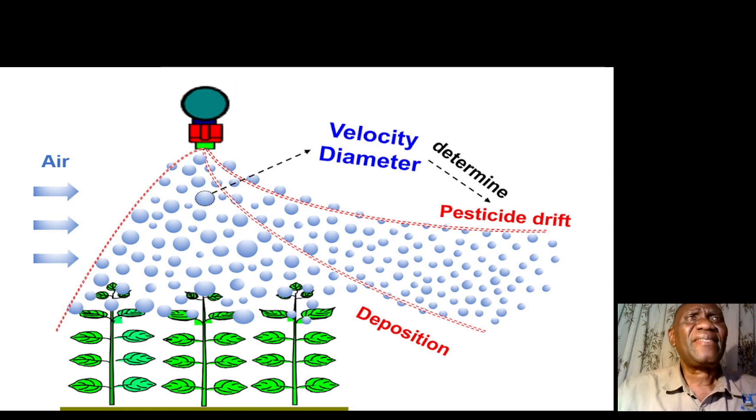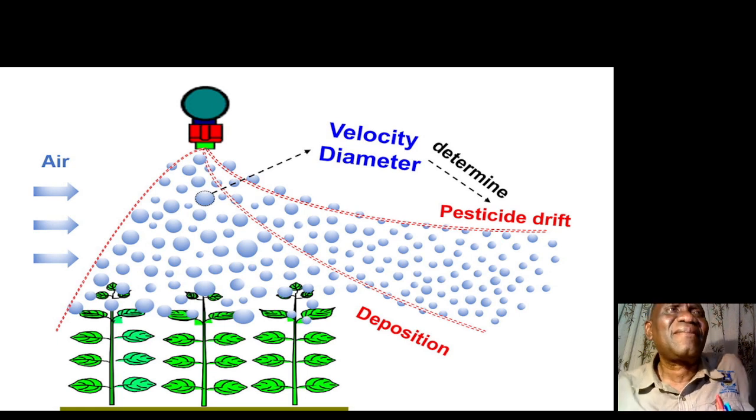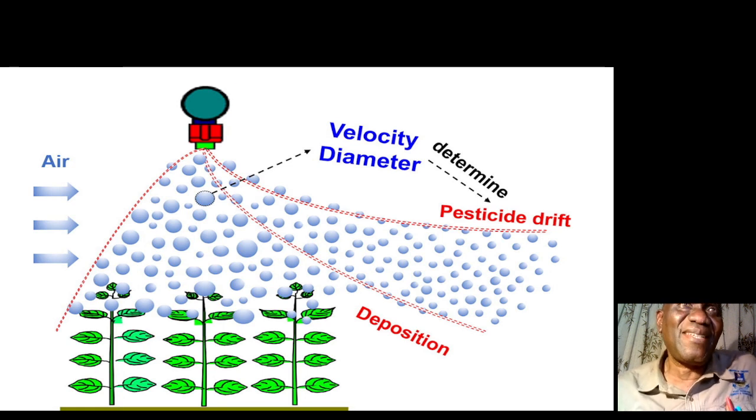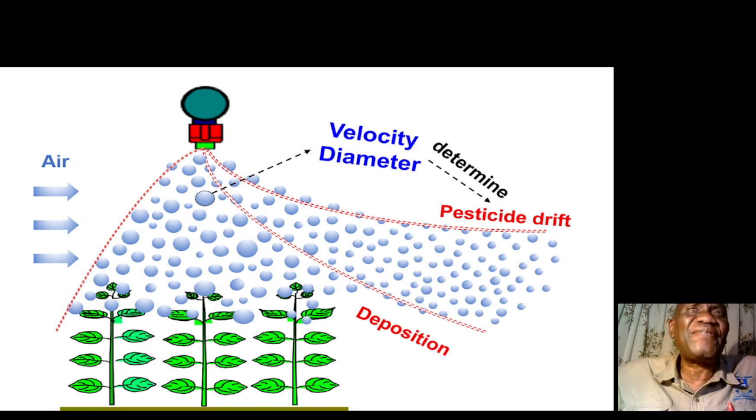It's the speed and the diameter of the droplet which can determine whether it's going to target the crop where the pest is and be deposited there on the leaves, or it can be moved away from the crop depending on the velocity and the diameter, which determine what is known as a pesticide drift.